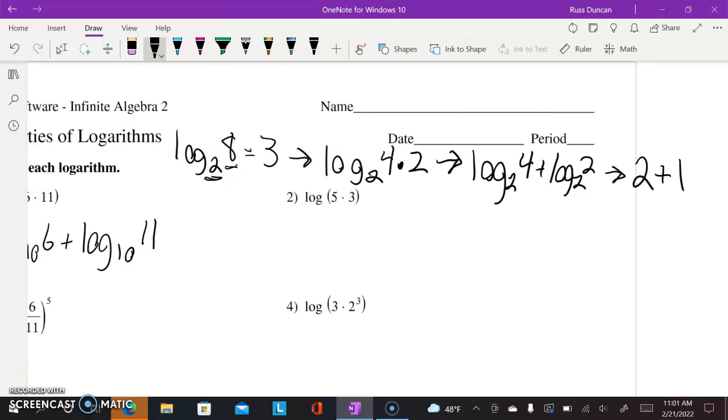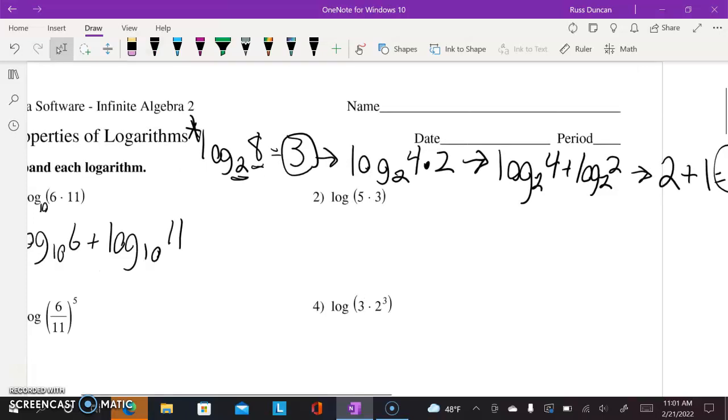The answer is 1. 2 plus 1 is 3. 3, 3. Okay? So I'm not saying you should do all that work. It's way easier in this specific problem to just do this. But you need to understand that this is called expanding logarithms. And so you can expand them, and sometimes it is useful. Okay? So that's the first rule, multiplication.